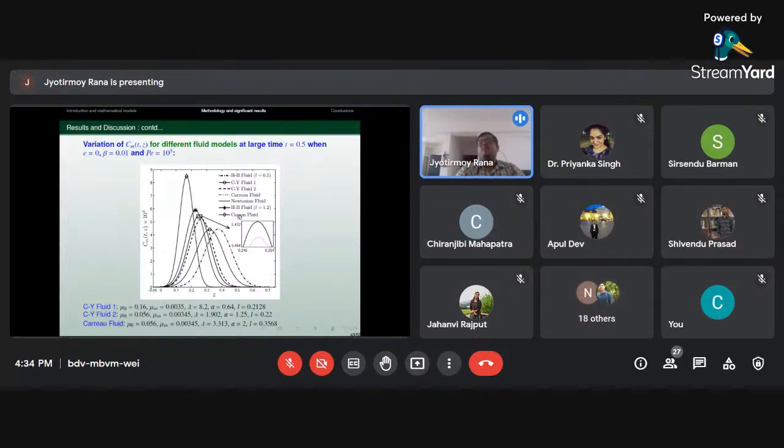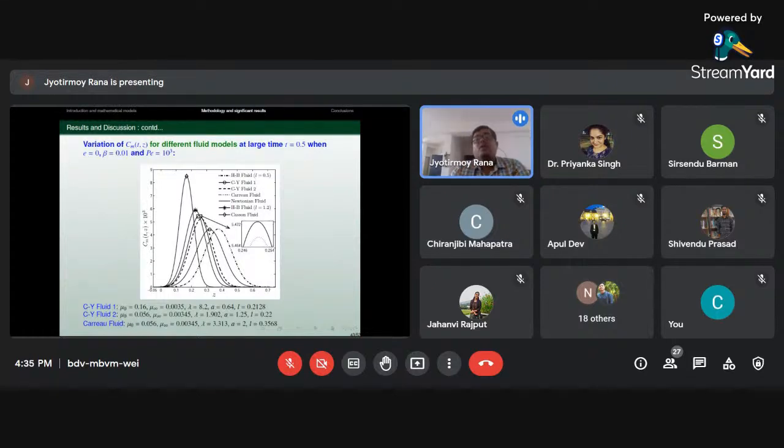So we have considered blood as these different non-Newtonian fluids, and we have compared our results for mean concentration. We have seen that the Casson fluid and Newtonian fluid behave the same, so there is no effect on the concentration. On the dispersion process also, we can't find any difference between Casson and Newtonian fluid.